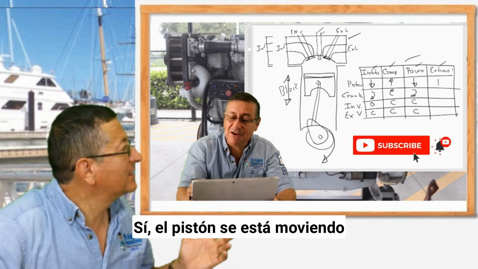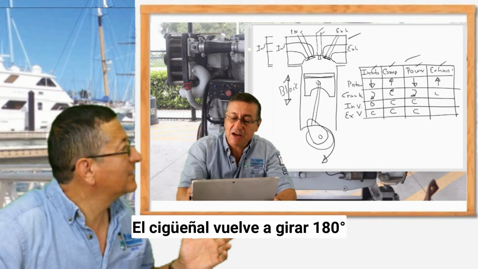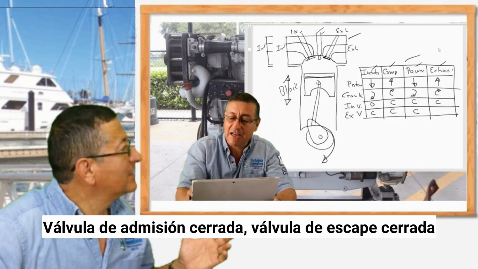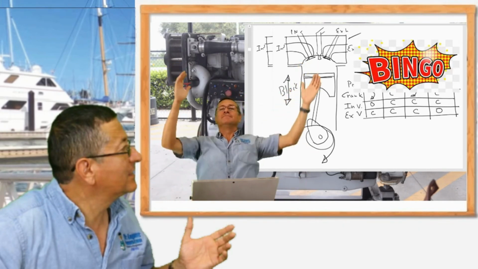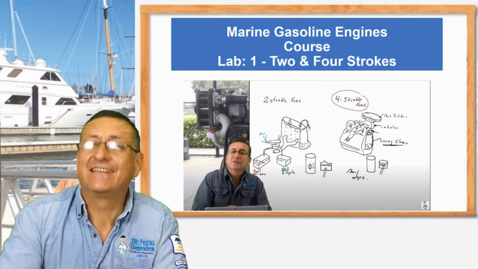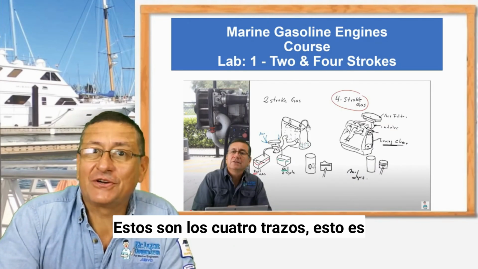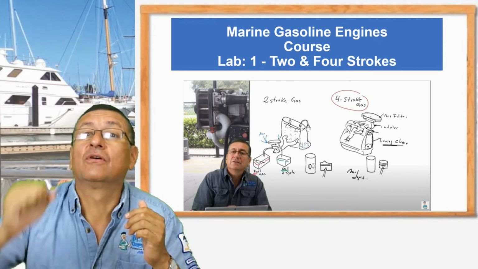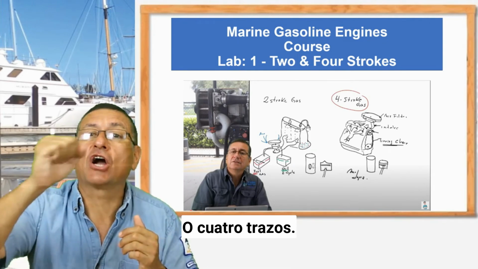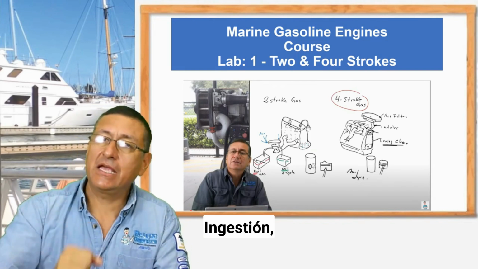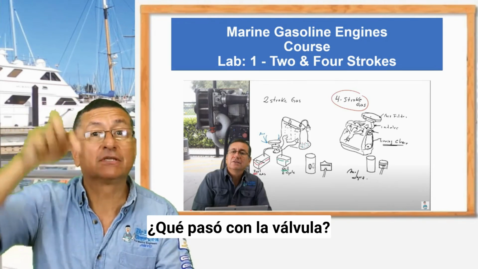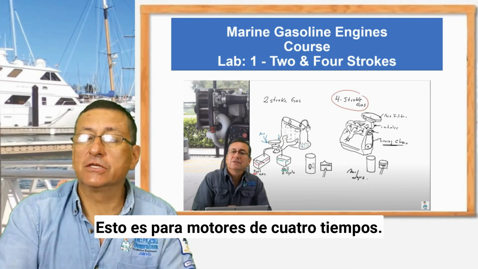The piston is going up, the crankshaft rotates another 180 degrees. Those are the 4 strokes, and this is the meaning of a 4 cycle or 4 stroke engine: intake, compression, power and exhaust. This is for 4-stroke engines.